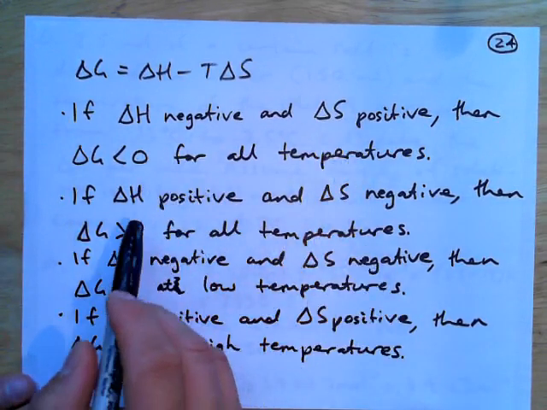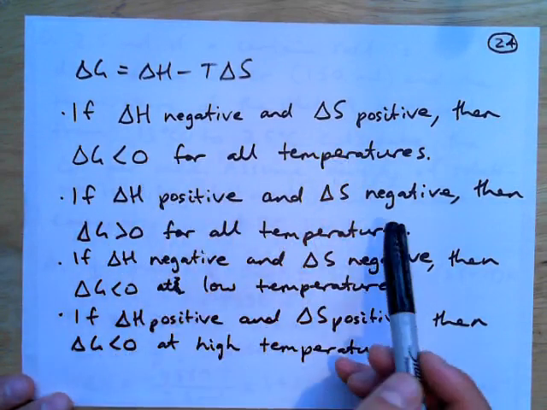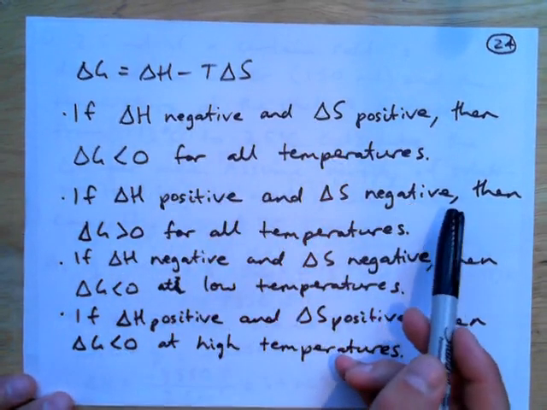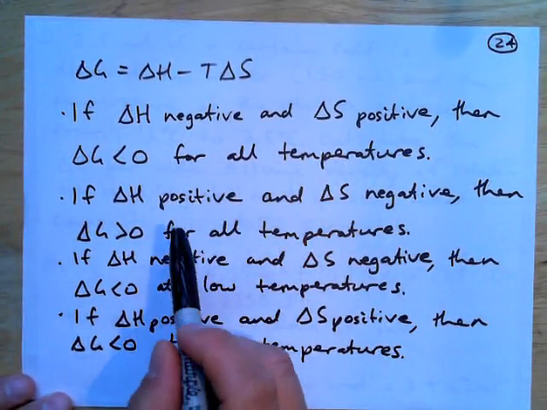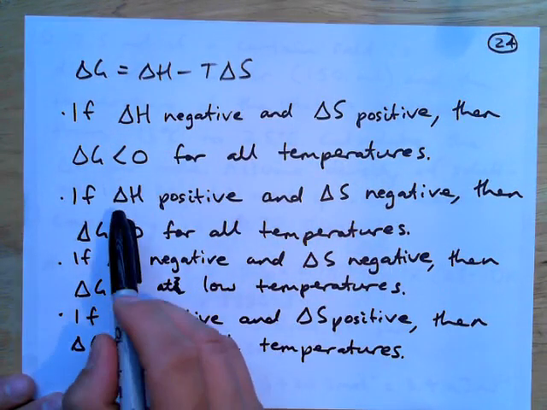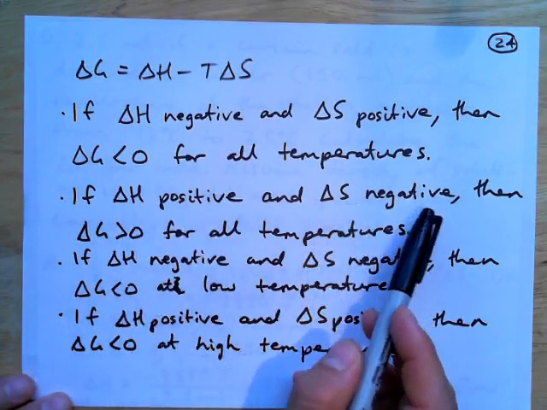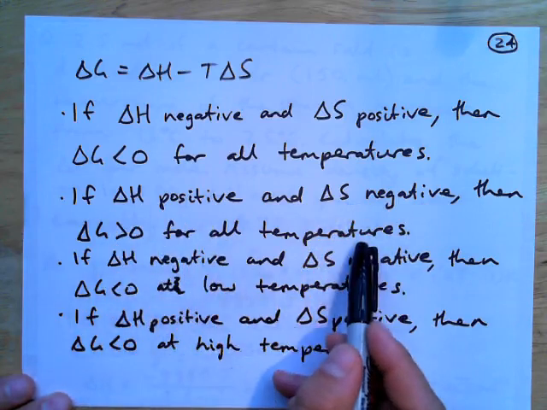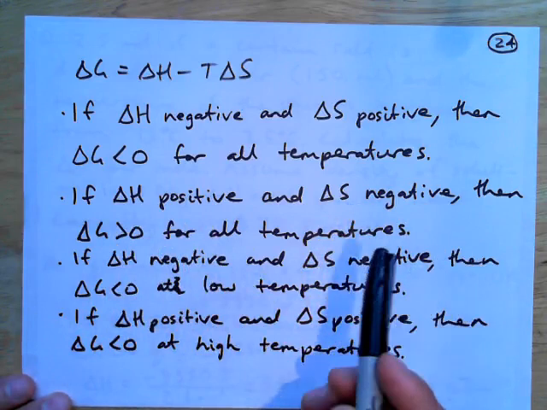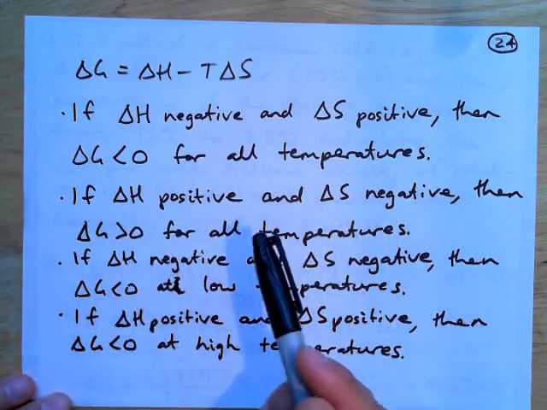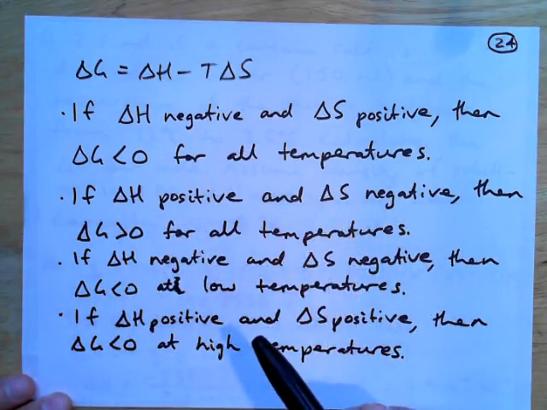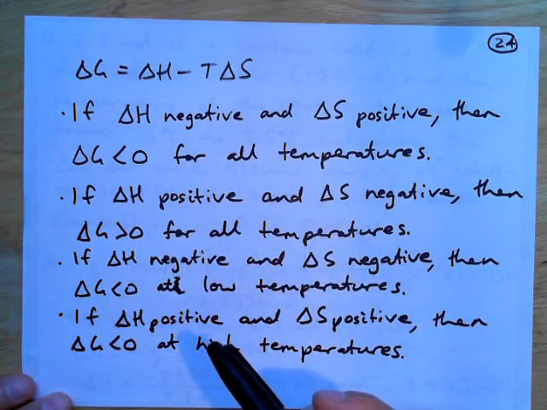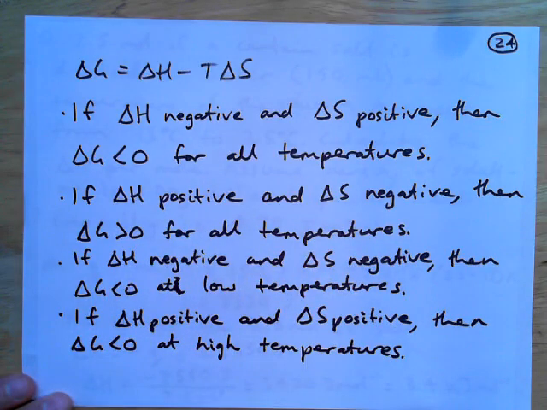Okay, if on the other hand delta H is positive and delta S is negative, then there's no way that you can have a negative delta G. So if delta H is positive and delta S is negative, then delta G has to be positive for all temperatures. Okay, doesn't matter what the temperature is, you're going to have a positive delta G, and therefore a reaction where it's not going to proceed.